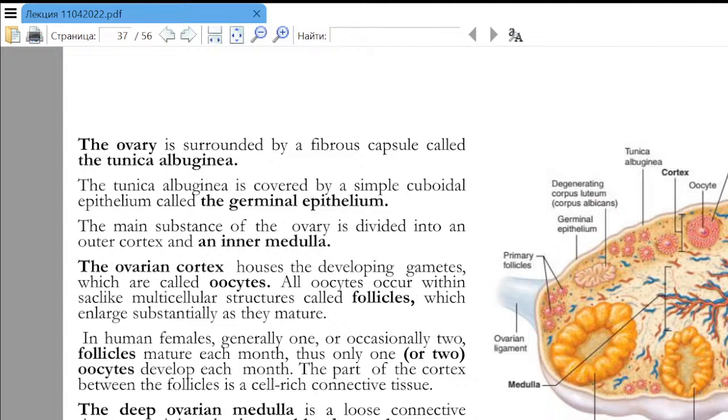The main substance of the ovary is divided into an outer cortex and an inner medulla.